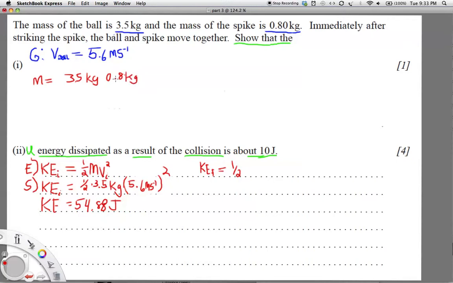This is my final mass, which equals 4.3 kilograms.